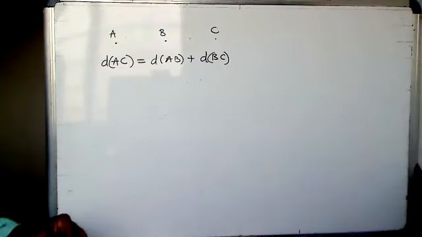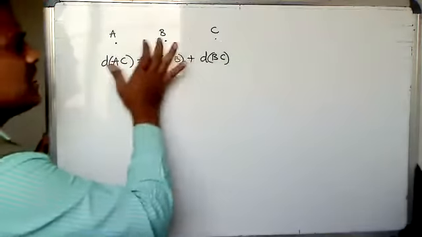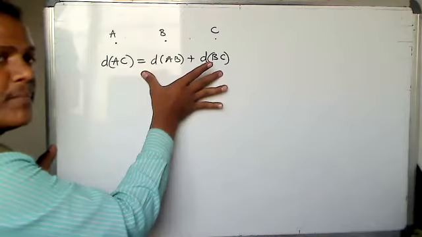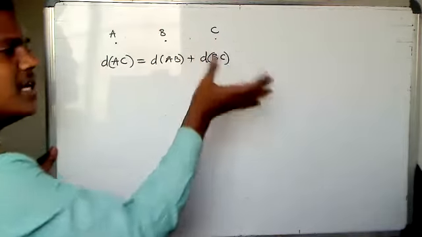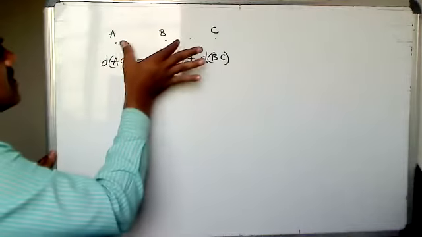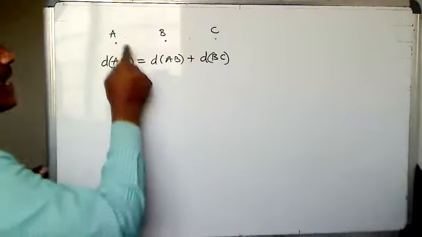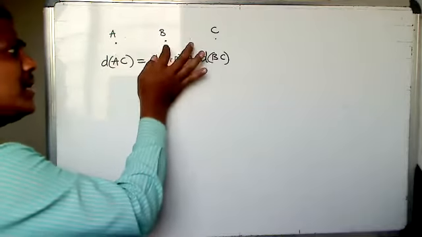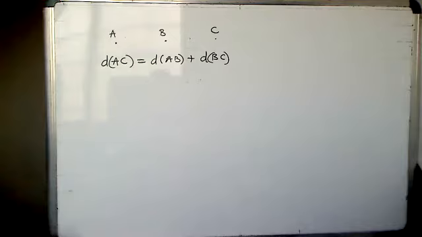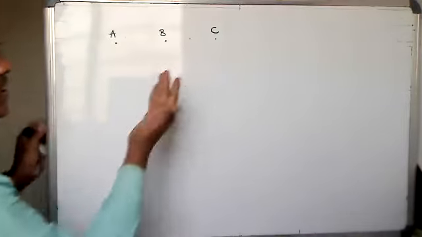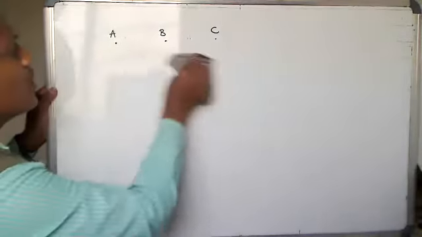If distance AC is equal to distance AB plus BC, then we can say that points A, B and C are collinear points.